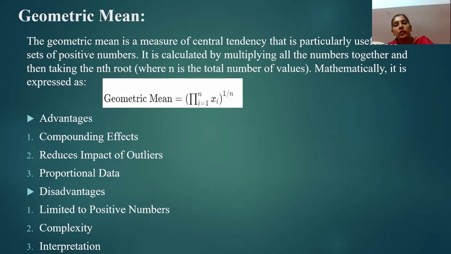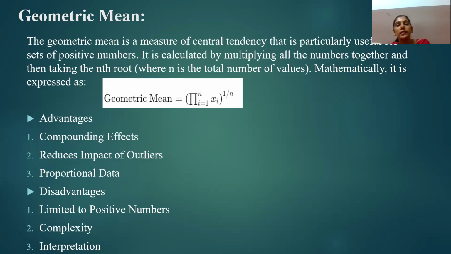You cannot use a geometric mean for a negative data set or a zero value data set. The set you are taking for calculating geometric mean should be positive numbers. It should not be zero, and it should not be a negative value.